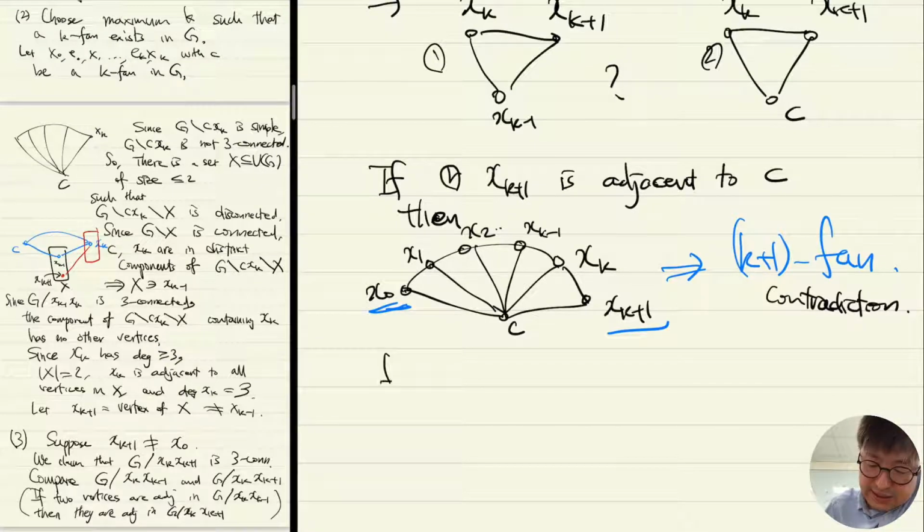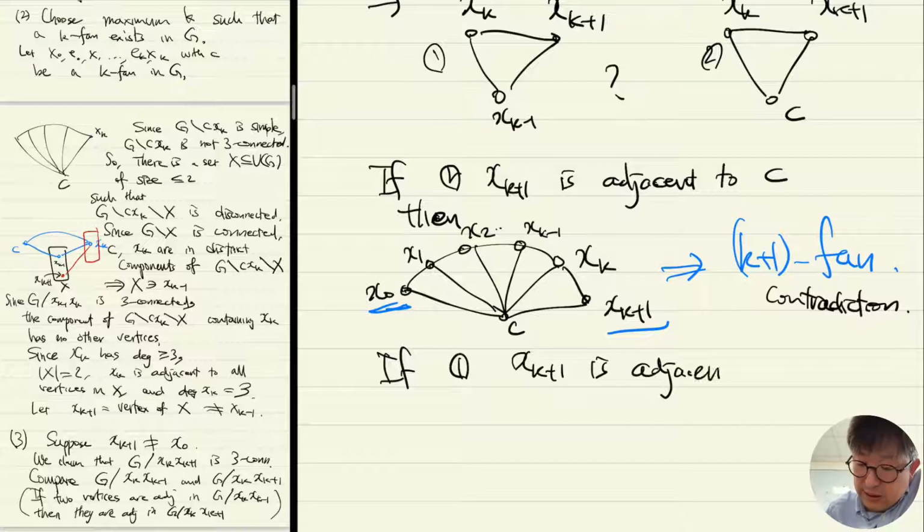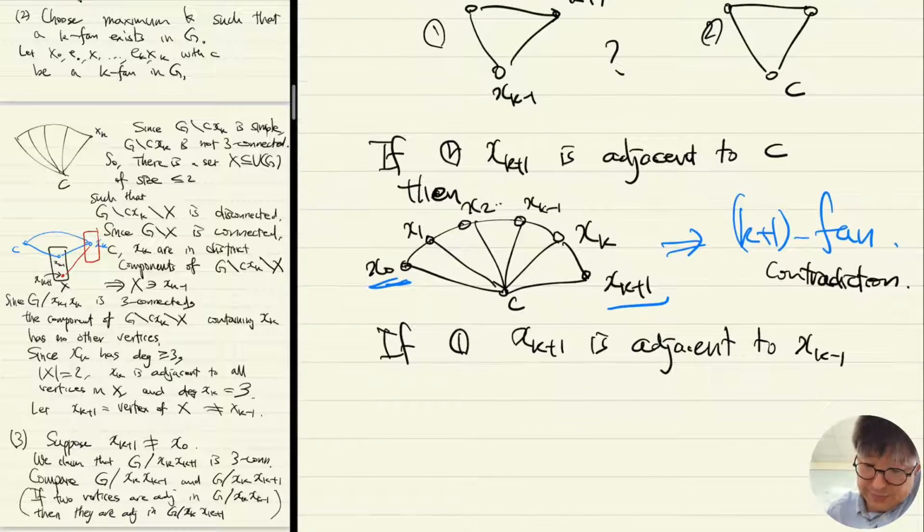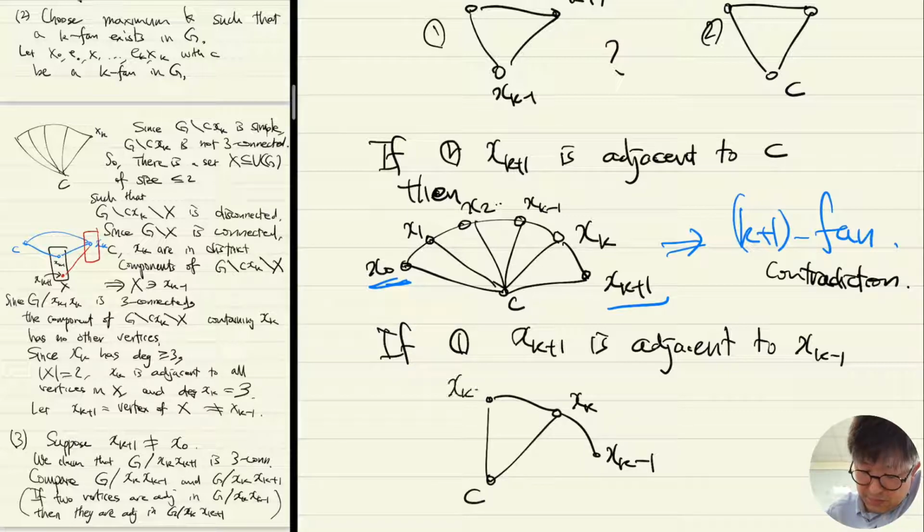How about the first case? So xk plus 1 is adjacent to xk minus 1. How is this possible? If k is bigger than 1, then I knew that the only neighbor of this vertex is xk minus 2.